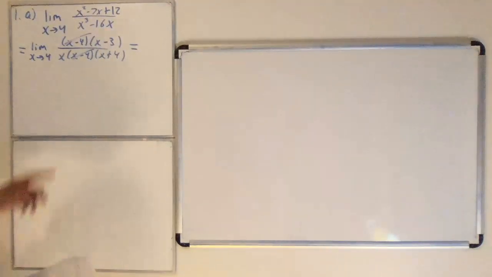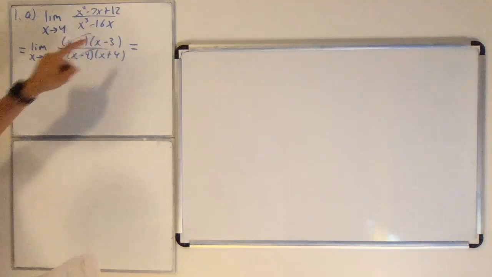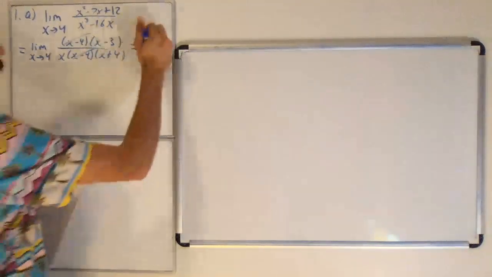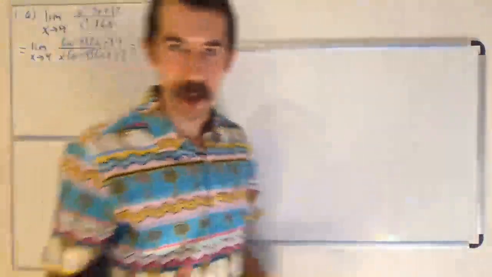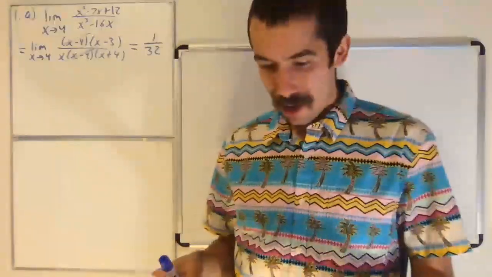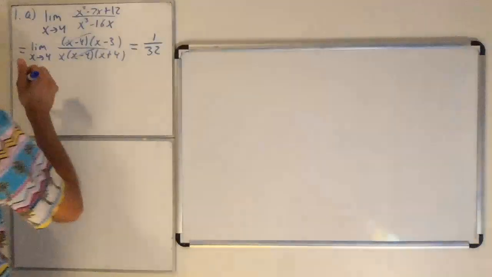And what's left over? When we plug in x equals 4, we get 1 over 32. All right. So far, so good. Next, we're starting off with a few limits.